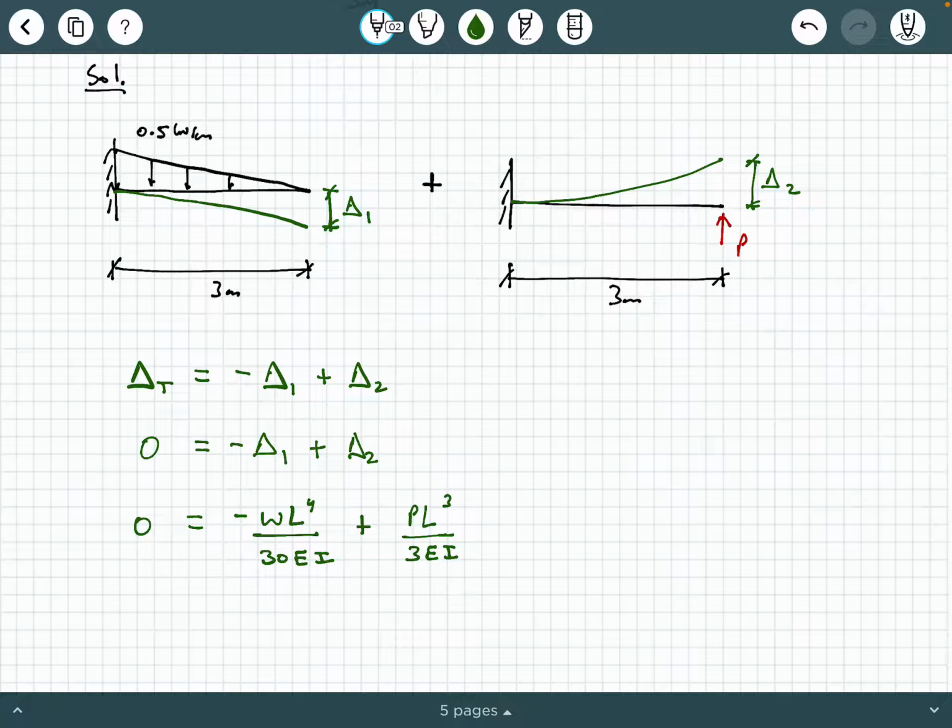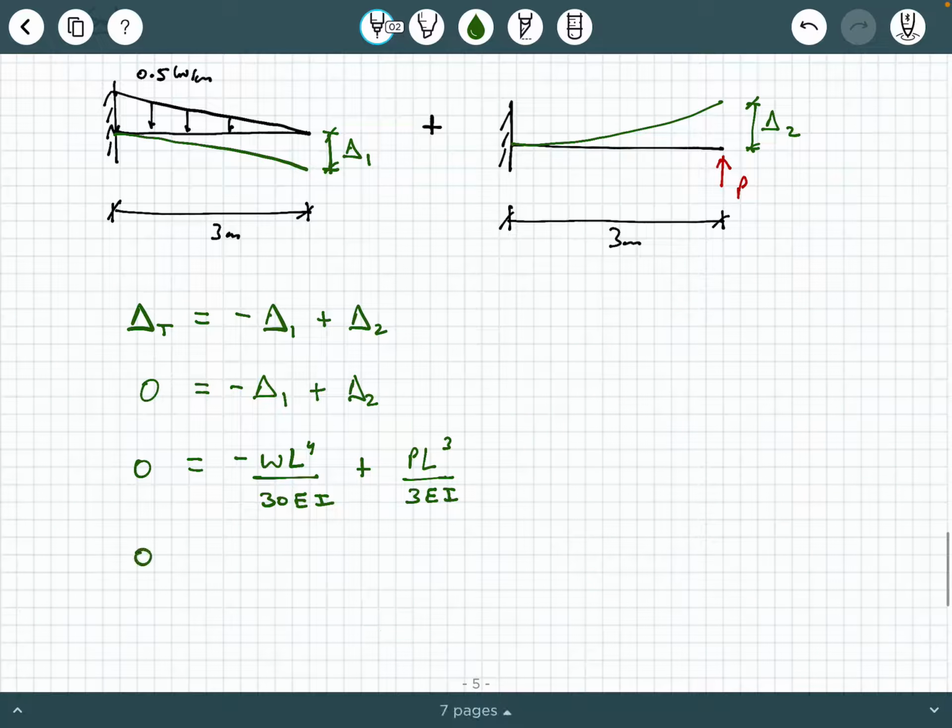Now here's the thing to be careful about, okay? This negative here is the same as these negatives that I showed in the previous couple of steps. This is indicating a downward deflection, all right? And then the positive sign in front of delta 2 is indicating an upward deflection due to the presence of P. And sure enough, this red P is the same as this P, and that's what we're looking for. So let's start substituting values in.